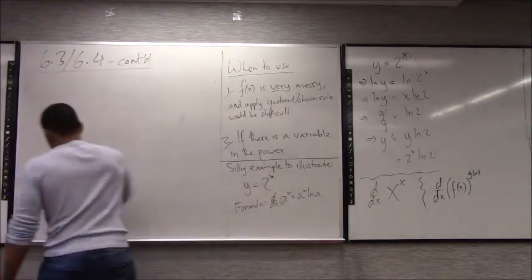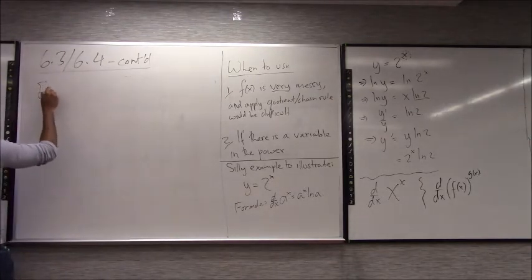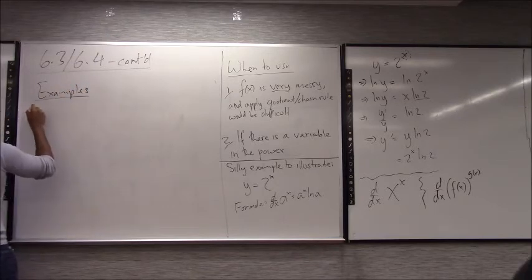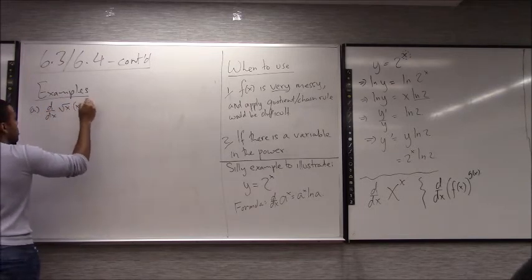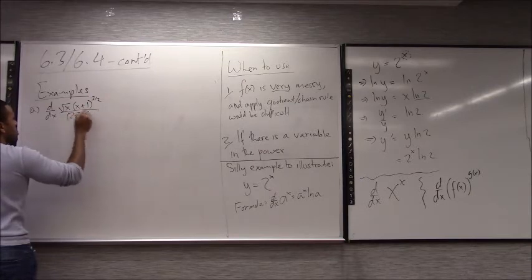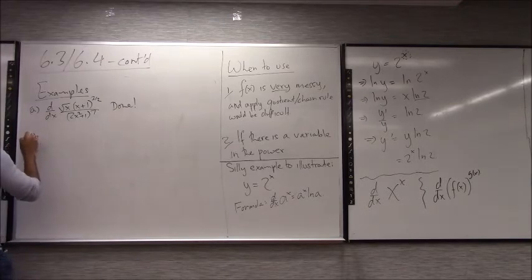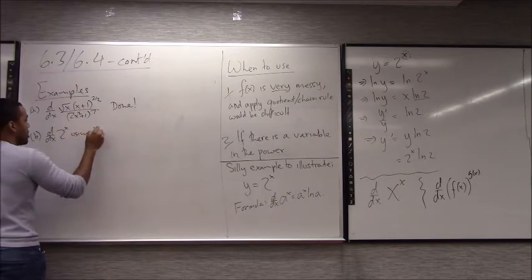Let's do some examples here. One example I wanted to do was one that we already did, so let me say that was done. Part B, I wanted to do this using log differentiation.